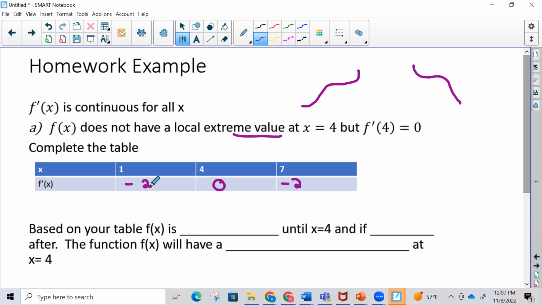So based on your table, because I picked negative, f of x is decreasing until x equals 4, and again is decreasing after. The function f of x will have, it's called a plateau point at x equals 4.